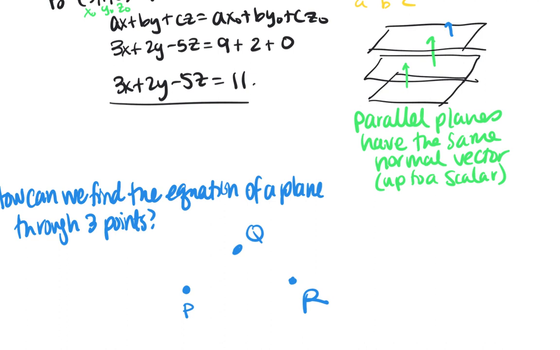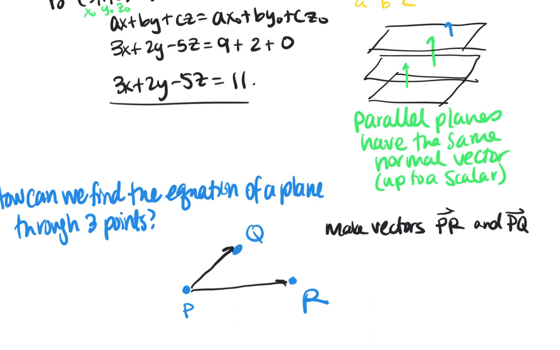It doesn't matter which ones you make. So you might make PR and PQ. So you make vectors, and you can do those by taking the coordinates of R minus the coordinates of P, and that'll make a vector.